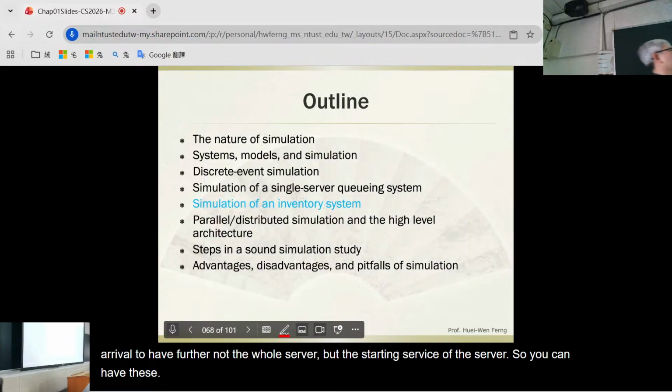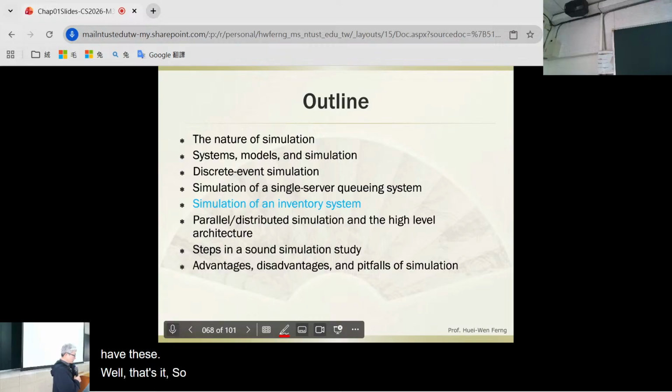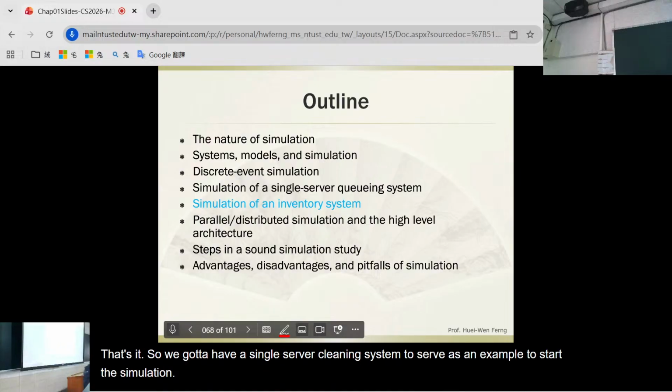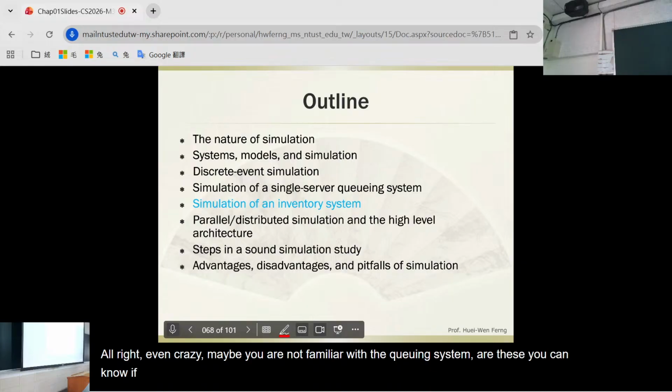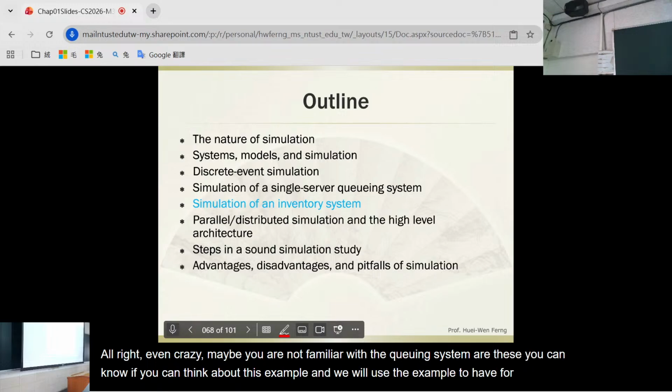Well, that's it. We already have a single server queuing system to serve as an example to start the simulation. Even if previously you were not familiar with the queuing system, at least you can know it if you think about this example. And we will use the example to have the extension.